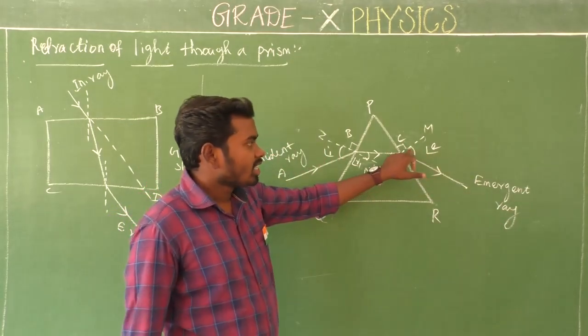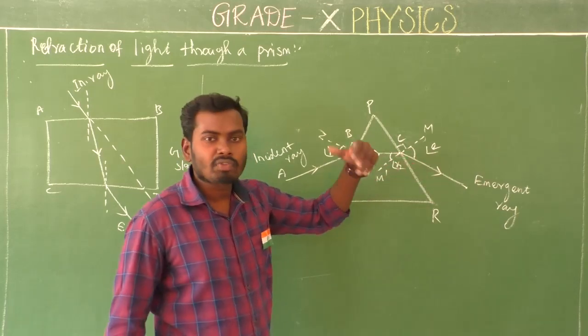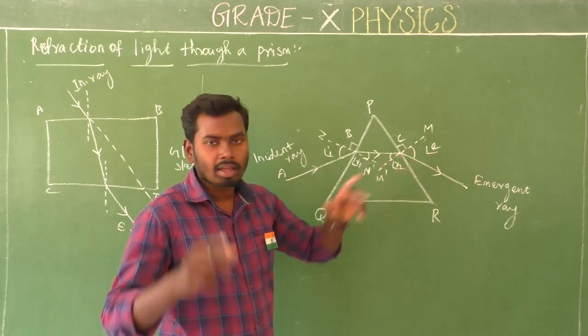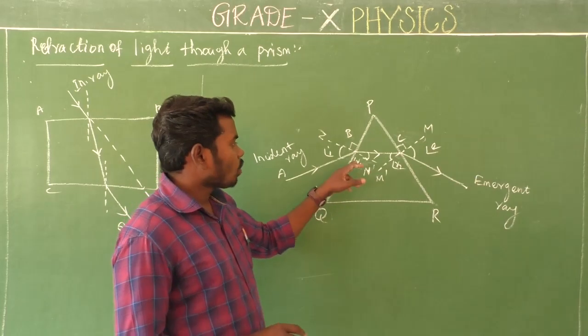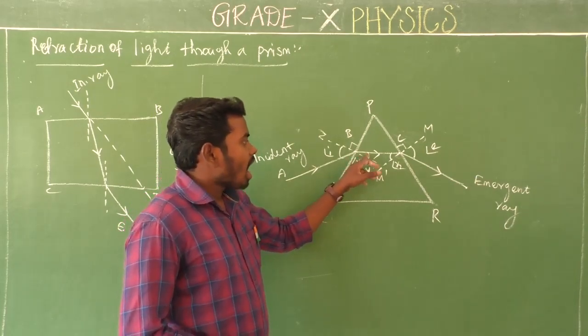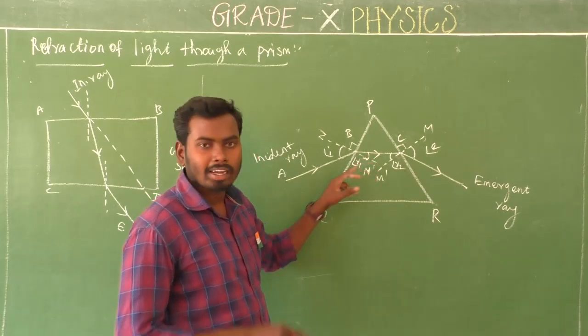Next one, this normal and the emergent ray make some angle, that is the angle of emergence. What is that angle? Very easy. You know the letter E, small e. Next, there is some angle between the normal and the refracted ray, that is the angle of refraction, denoted by the letter R1.